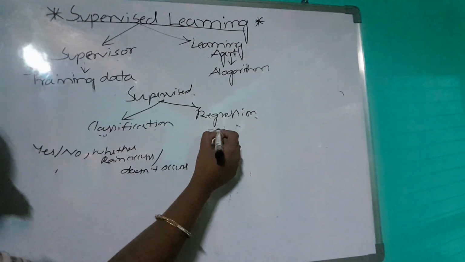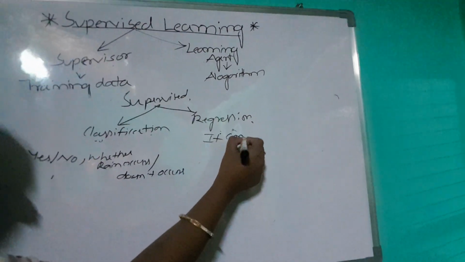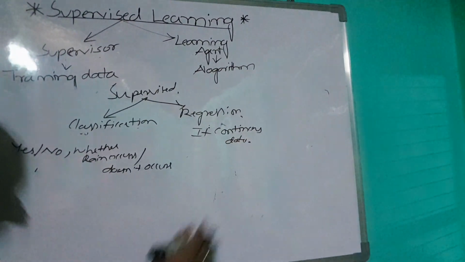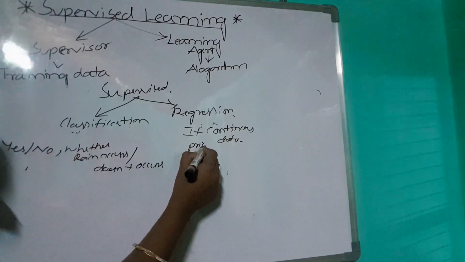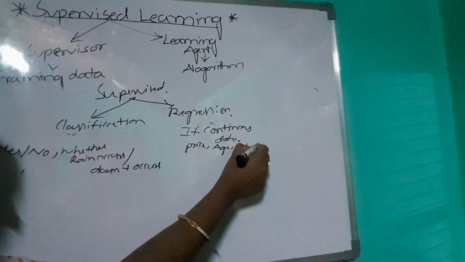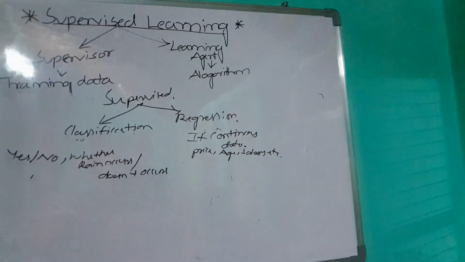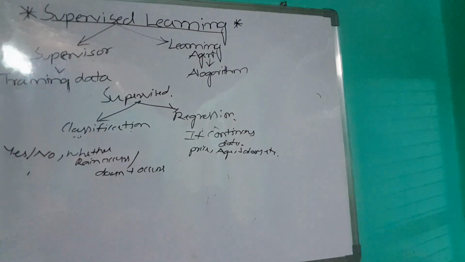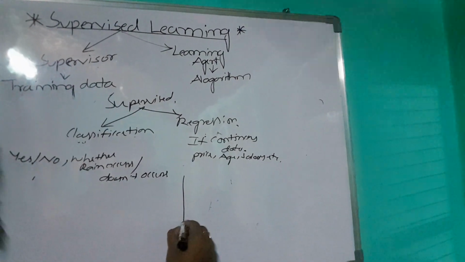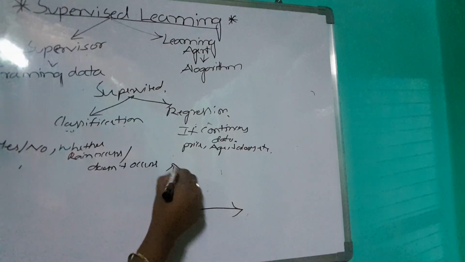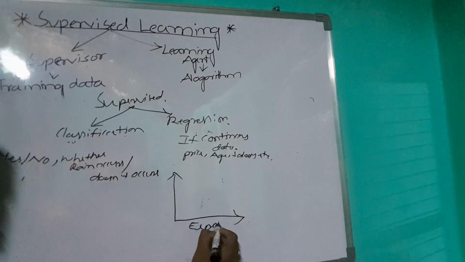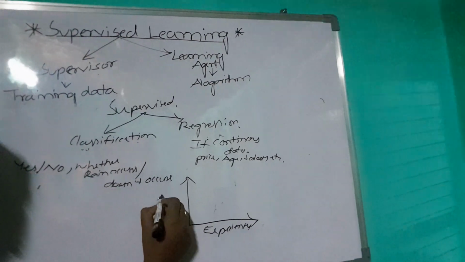Regression algorithms deal with continuous data, continuous data like price, age, salary, etc. Let's see some example to understand the regression technique clearly. For example, in an organization, there are two features: experience and salary.